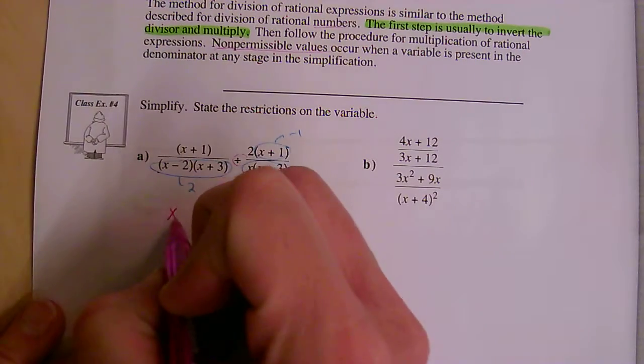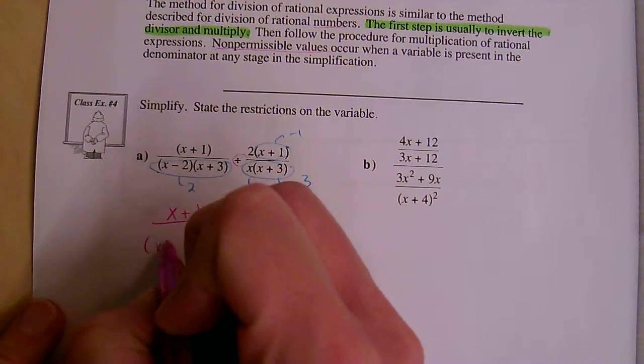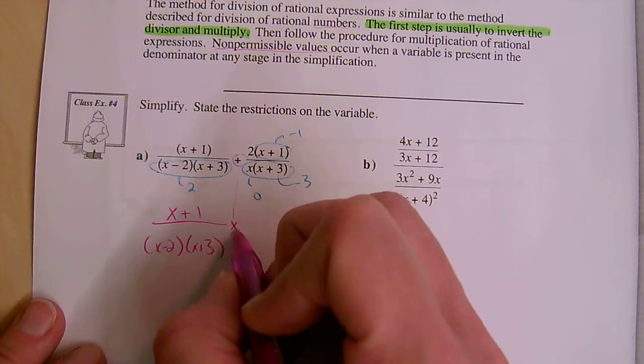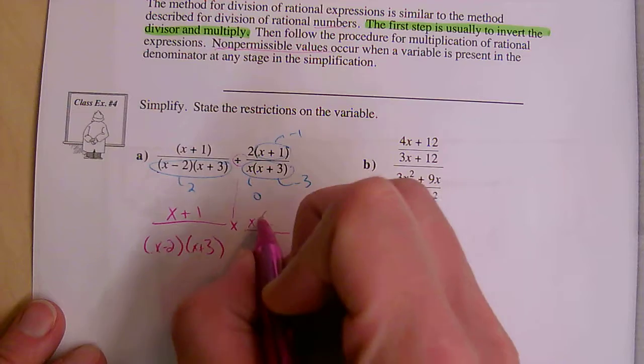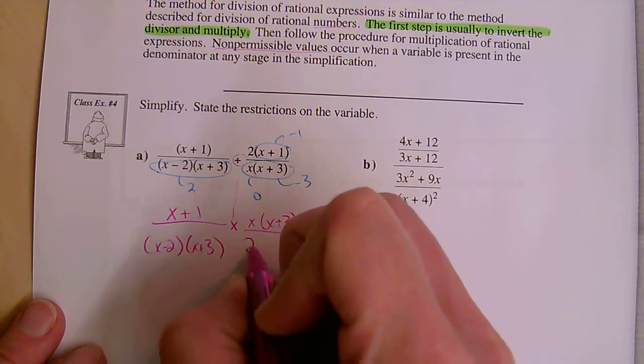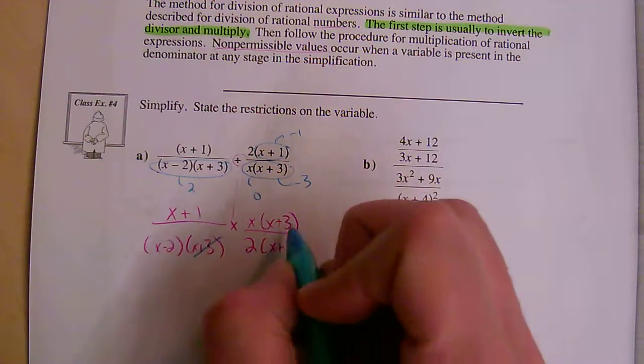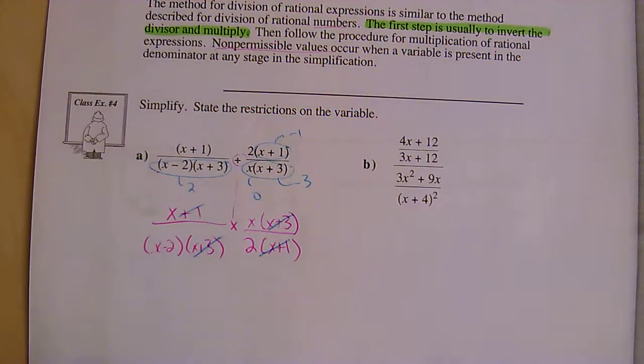Okay, so I'm going to remember my first term stays the same. It's my second term that I flip, I write multiplication, then I flip it. This is a nice example because it's all factored out, so it's pretty easy for me to see things that get canceled out.